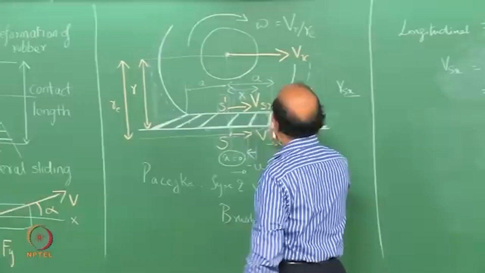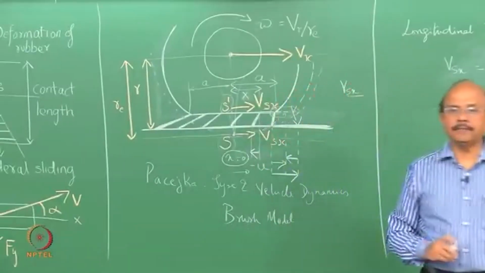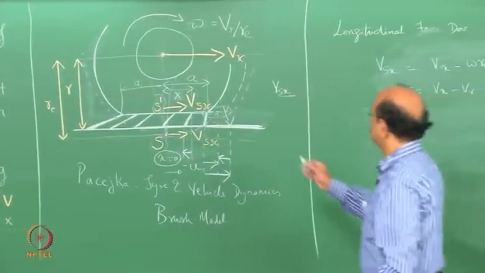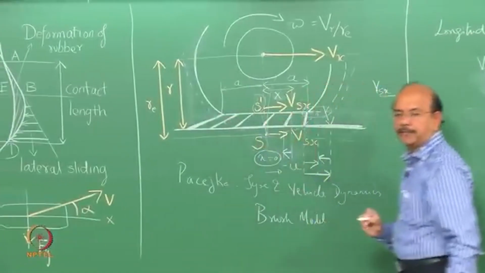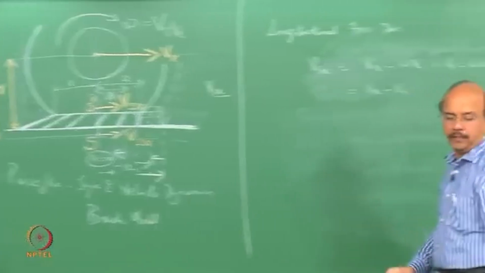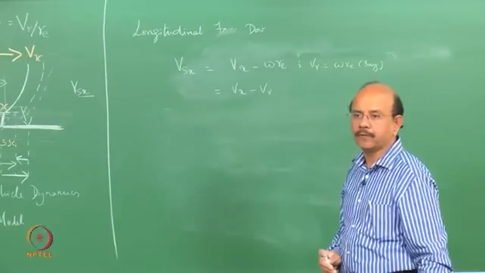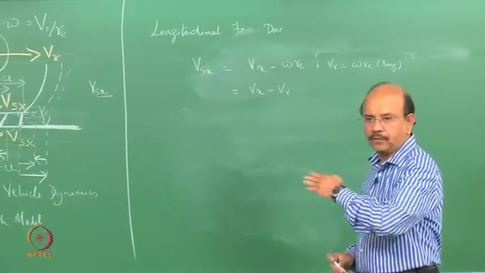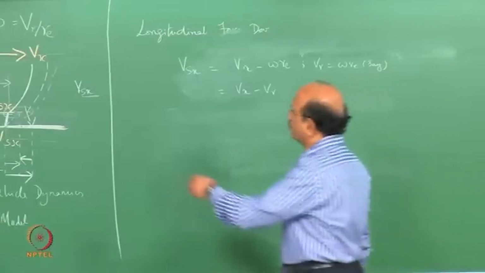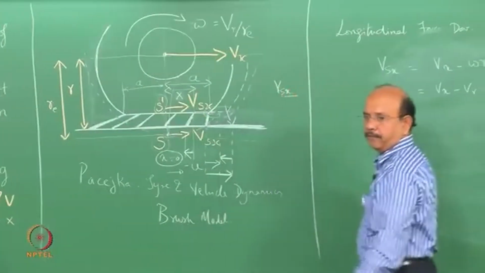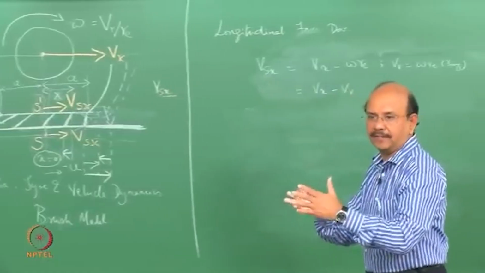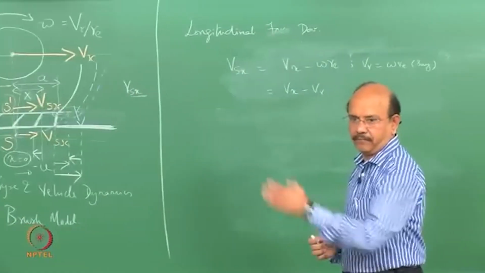Now the first thing is that all these points here are moving with S prime, which is moving with a velocity of Vr. Take the base point to be at a point which is x from this point.